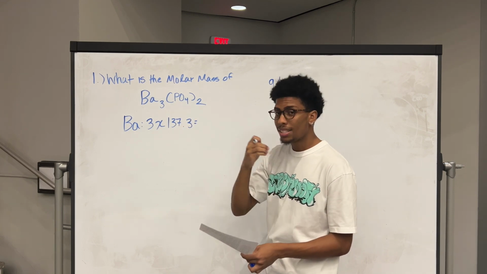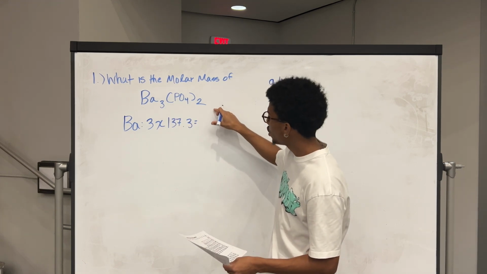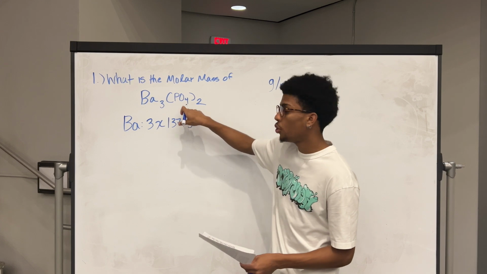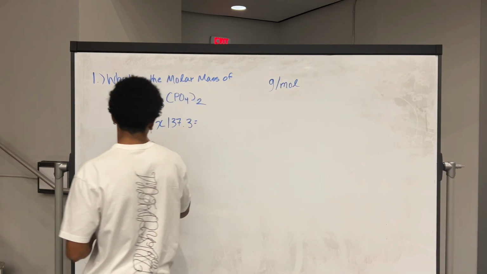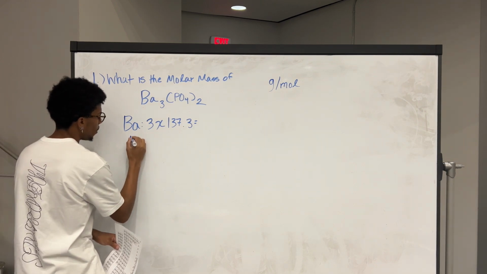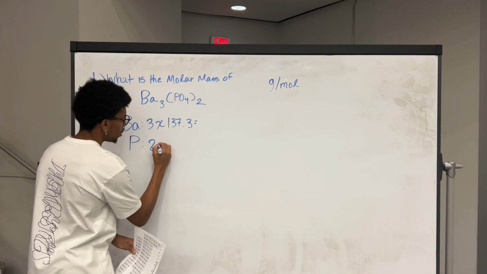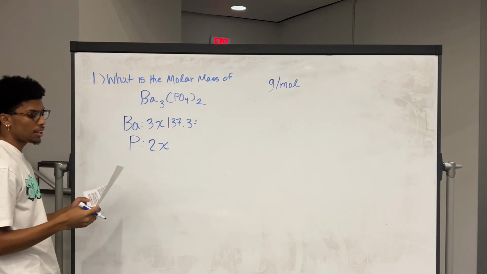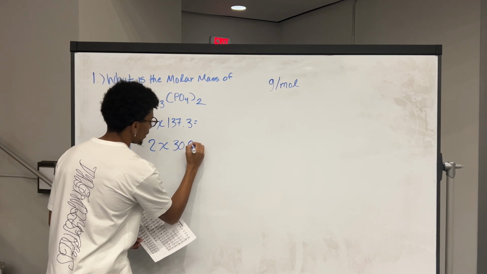You may make the mistake of saying just 1 because we don't see a subscript here, but you need to take into account that we have 2 entire units of phosphate. So, again, like we did for Ba, P is going to be 2 multiplied by phosphorus' mass number, which is 30.97.